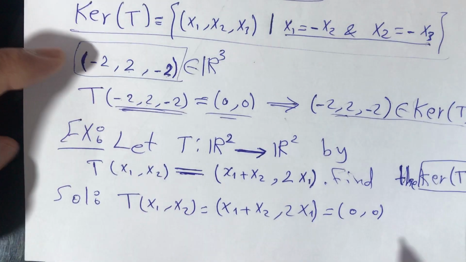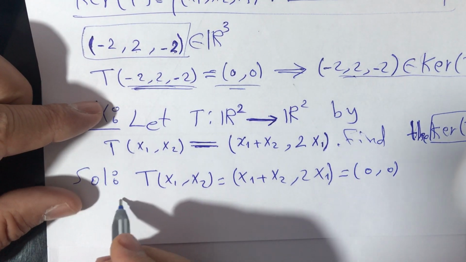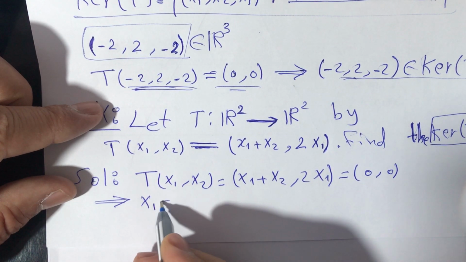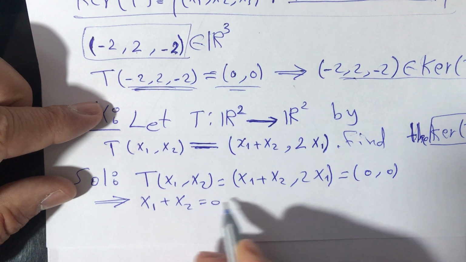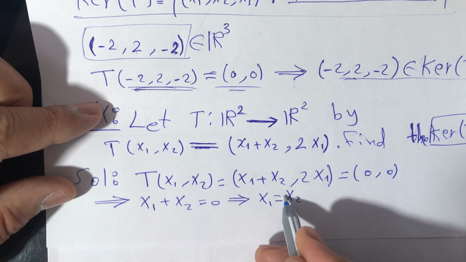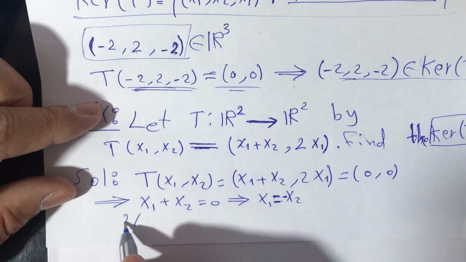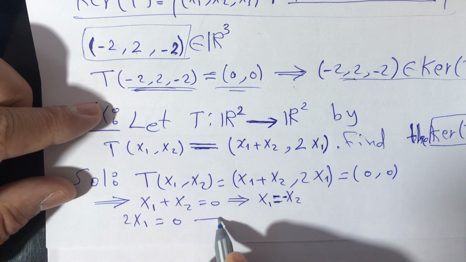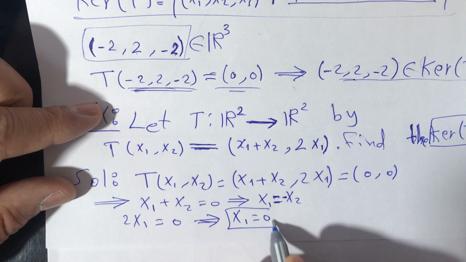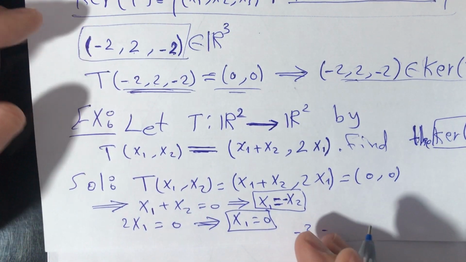So we have to make it equal to 0 and get two equations. x1 plus x2 is equal to 0. From this, x1 is equal to minus x2. And 2x1 is equal to 0. That means x1 is equal to 0. So we get these two conditions. This is page number 3.